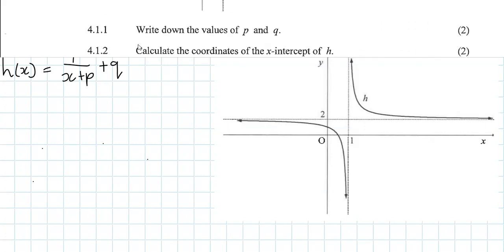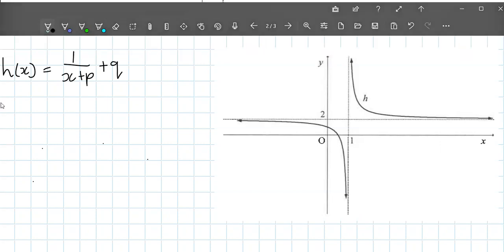4.1.1, write down the values of p and q. Okay, so p and q are simply your asymptote x and y values respectively. So if we look at p, it'll be the vertical asymptote.